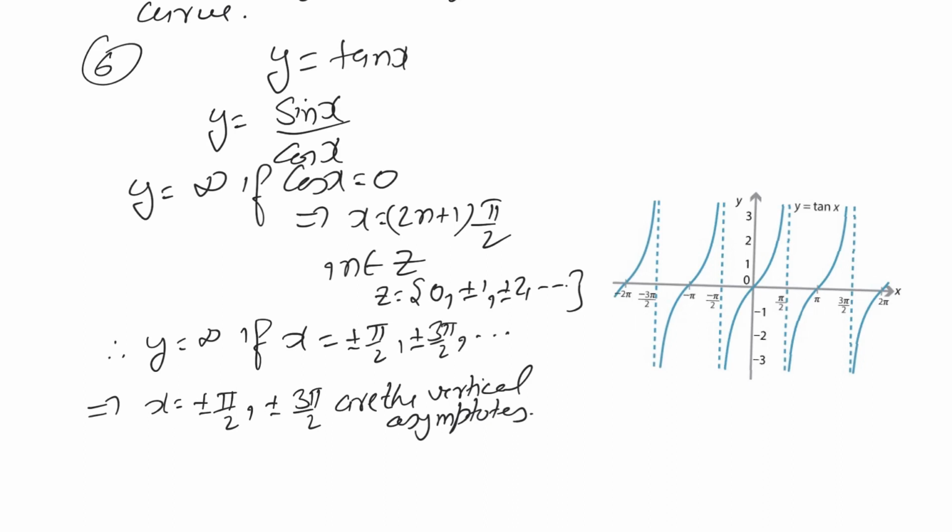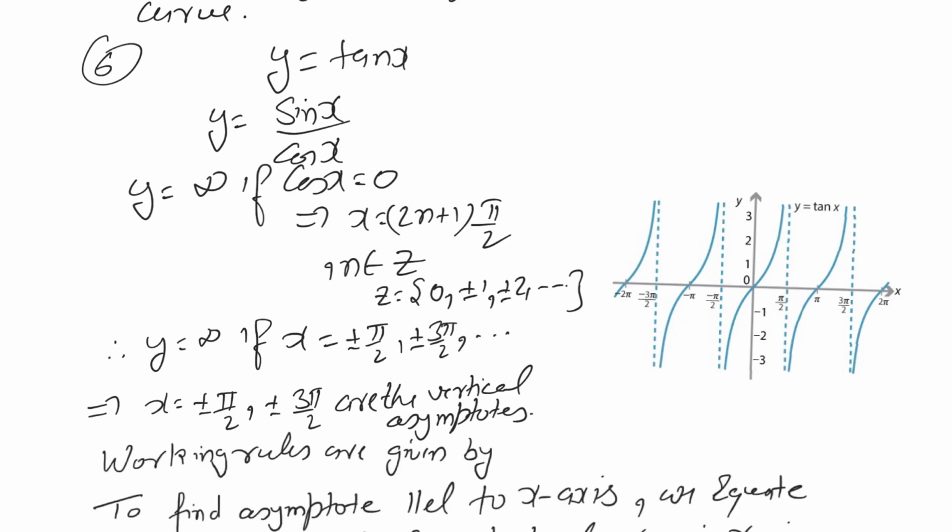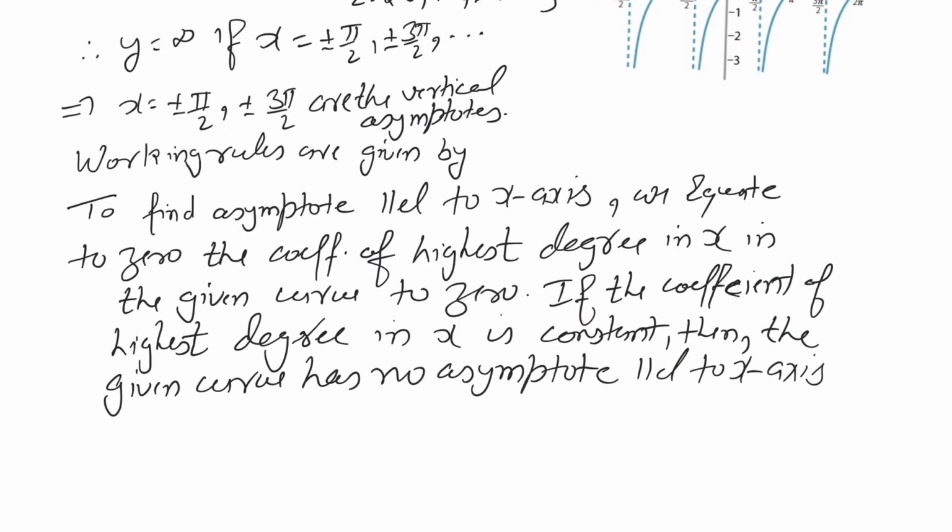Next, we shall study the general rule to find the asymptote of any given algebraic equation. So what will be the general rule? The working rules are given by these. To find asymptote parallel to x-axis, we equate to 0 the coefficient of highest degree in x in the given curve.